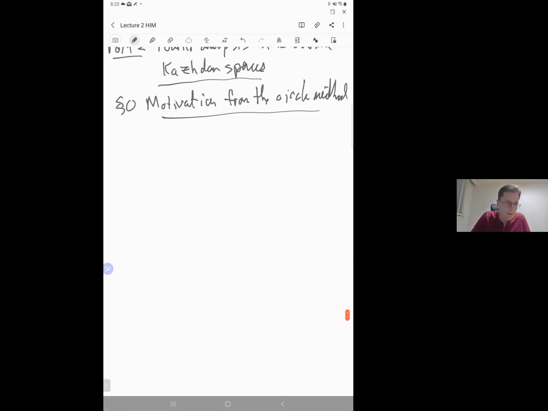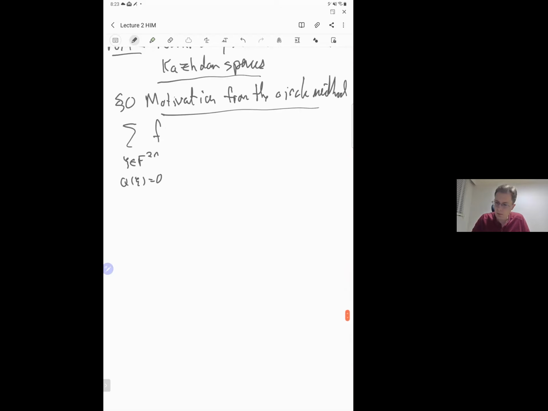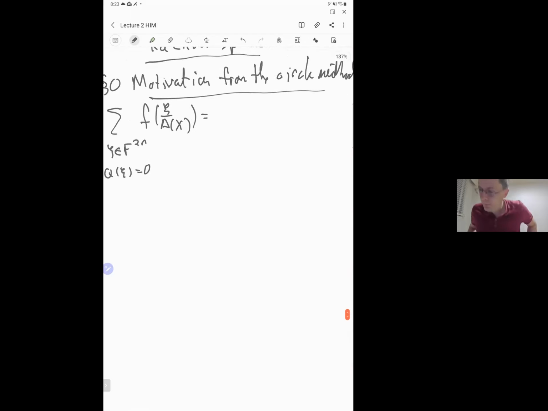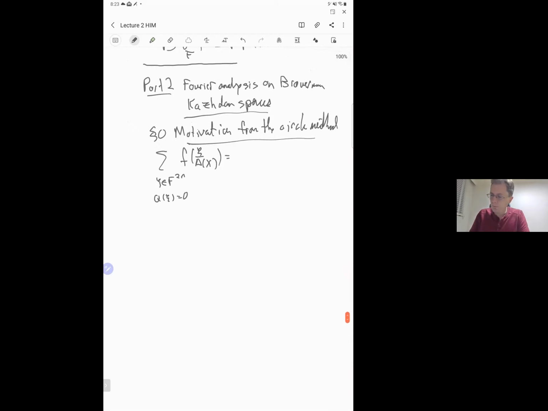All right, so let's go back to our original sum. So Q of C equals 0. I'm just taking some quadratic form in an even number of variables, and it has the following form.